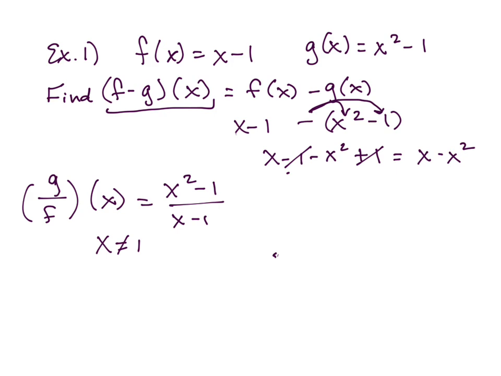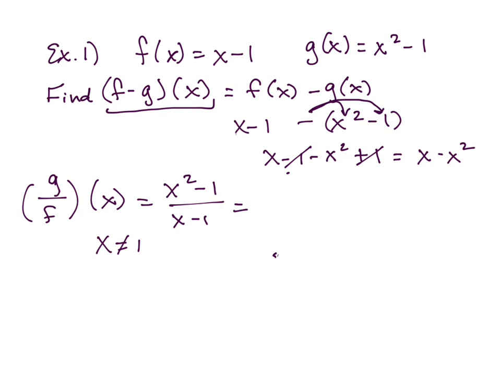Can I simplify this x squared minus 1 over x minus 1? Anybody seeing anything in that numerator that pops out at you? X squared, minus 1, minus 1. It's a difference of squares. Can you see it? It's been a long time since we looked at that. X squared minus 1. That's a difference of 2 squares.